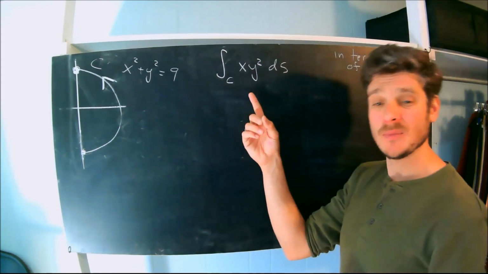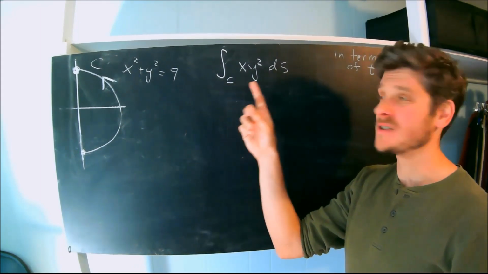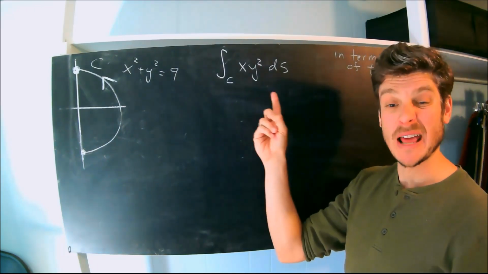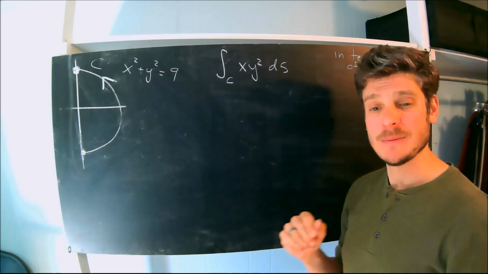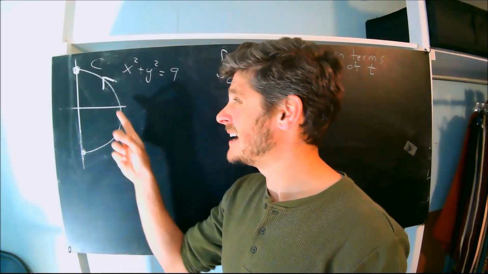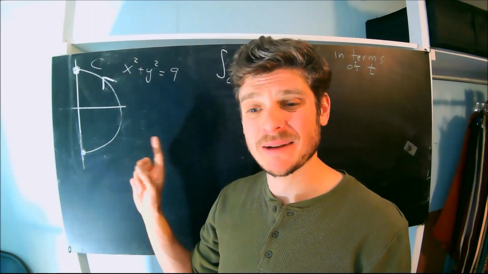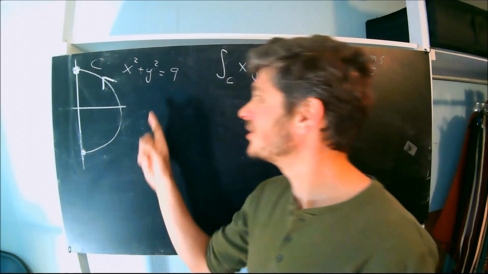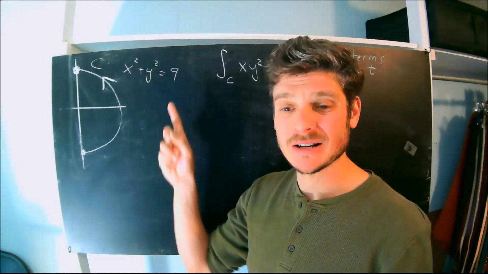So for this example, we have the integral over my curve C of xy squared ds, and we want to substitute every single piece of this to make it in terms of t. How we're going to substitute that goes back to understanding the curve that I'm integrating over. The curve C is x squared plus y squared equals 9.